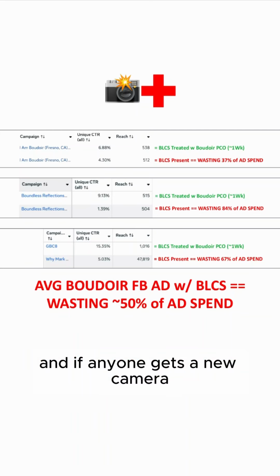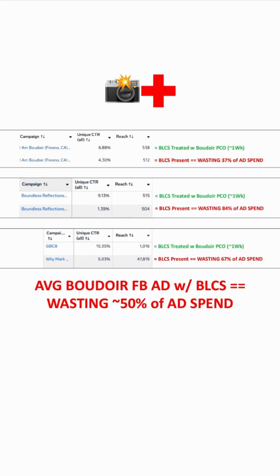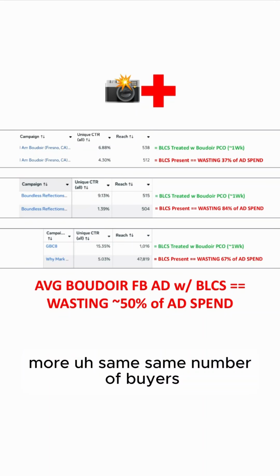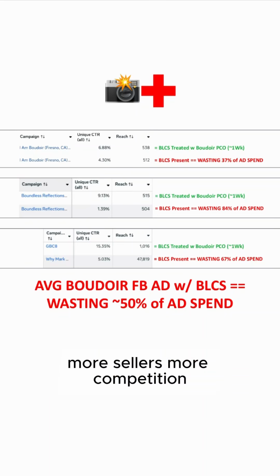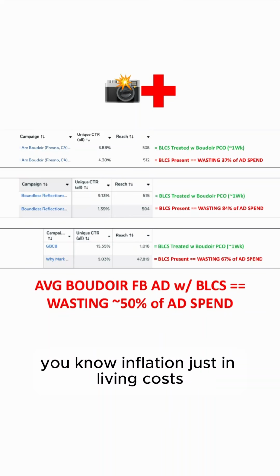And if anyone gets a new camera, they're posting in the mom groups on Facebook that they also shoot Boudoir. So the market's getting more and more competitive. Same number of buyers, but more sellers, more competition. So you're seeing more saturation, harder to get clients, and you're also seeing inflation in living costs.